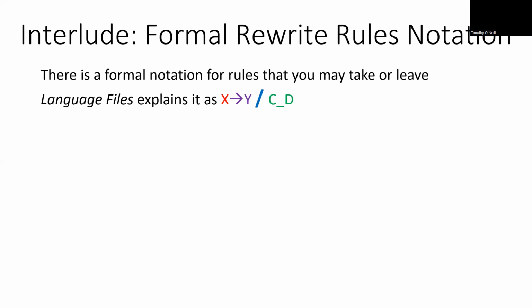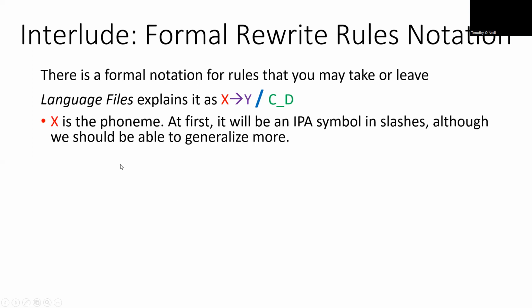So in our book, we see the rule format explained this way: X becomes Y in the environment after C and before D. So X, that's your phoneme. Phonemes are going to change their pronunciation based on environment, right?